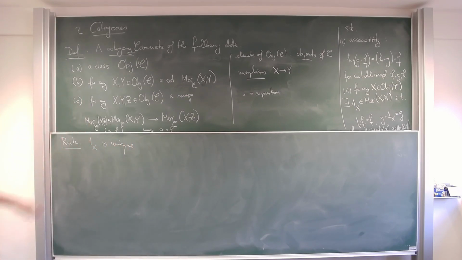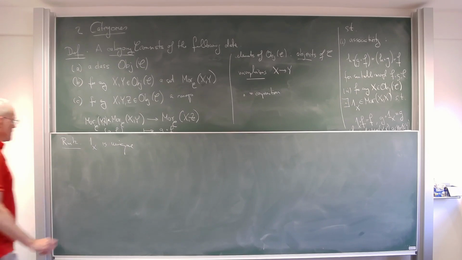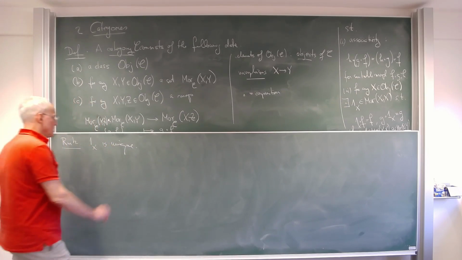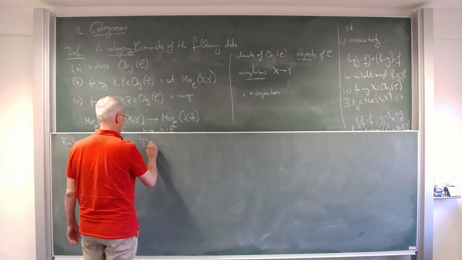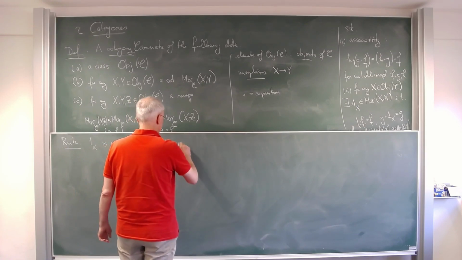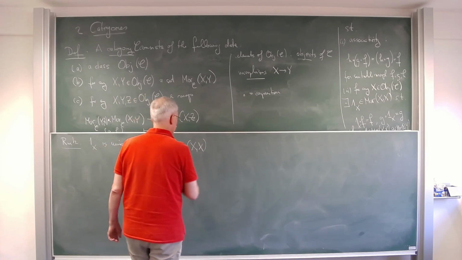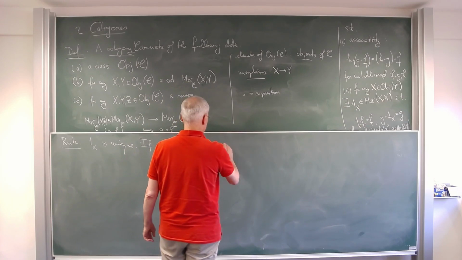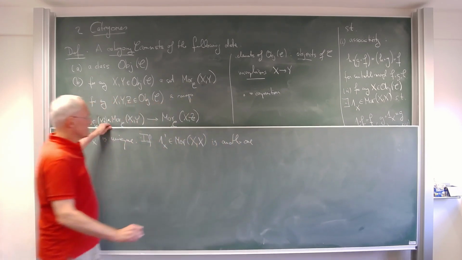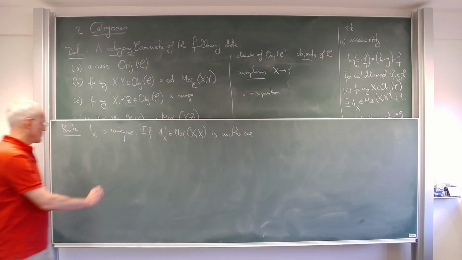So I could have put it into the data if you wanted, and it doesn't matter really, it's unique. Namely, if 1x prime in the morphisms from X to X is another one, then we do this extremely involved proof that we compose the two.